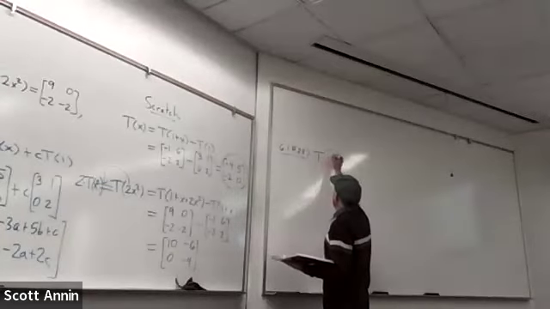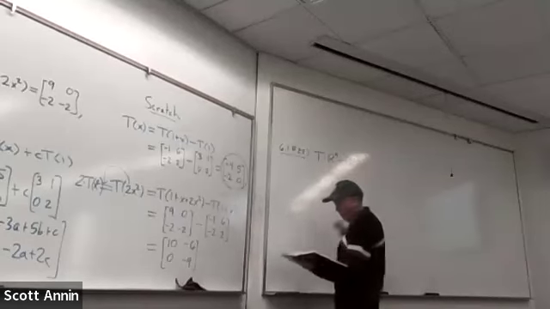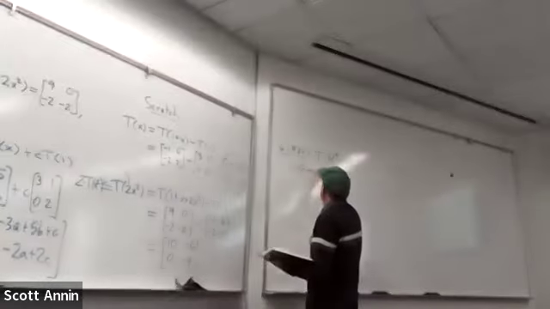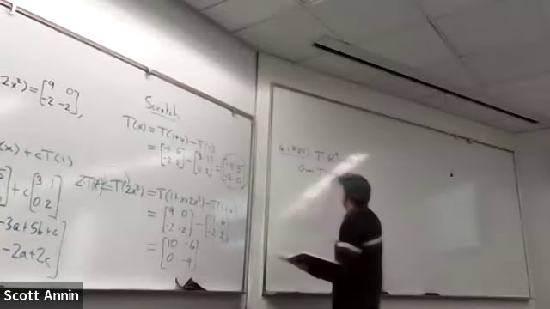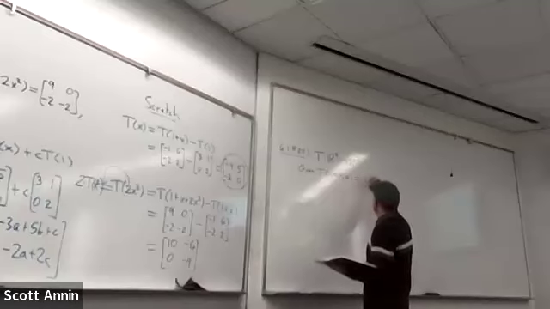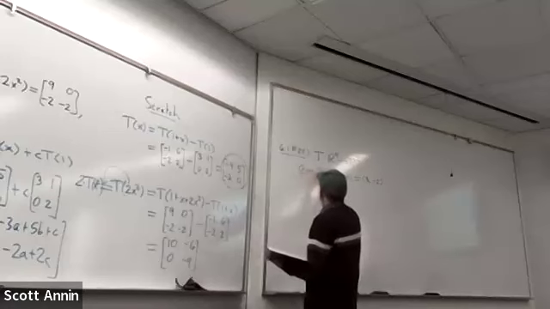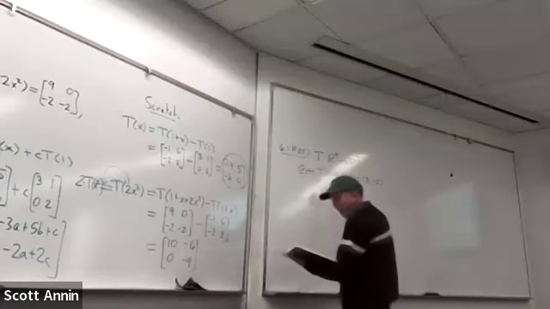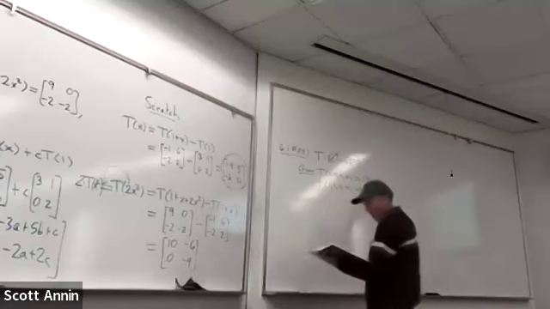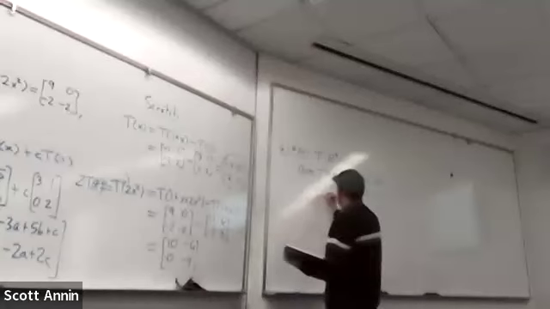So on 28, we have a transformation T that goes from R4 to R2. And we are given T of (1, 0, 0, 0) equal to (3, -2). And then we are also given T of (1, 1, 0, 0), and that value was (5, 1).